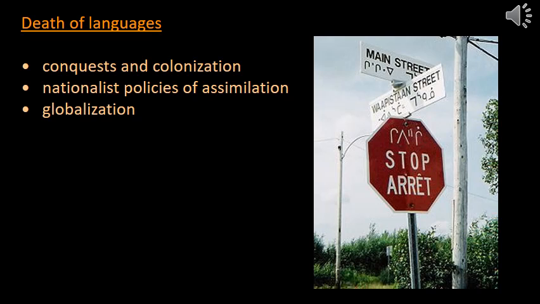Policies of assimilation for First Nations have been in place in Canada for about 1 century. You have heard of residential schools where children of First Nations were forced to go and they were prohibited to speak their native language.